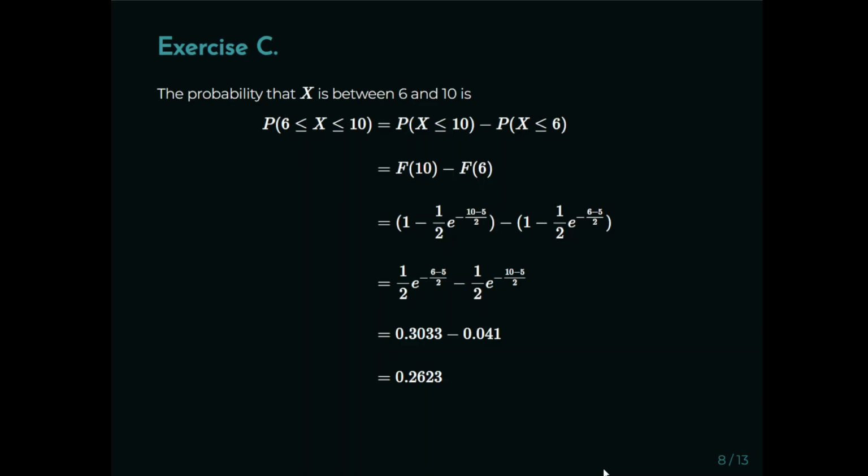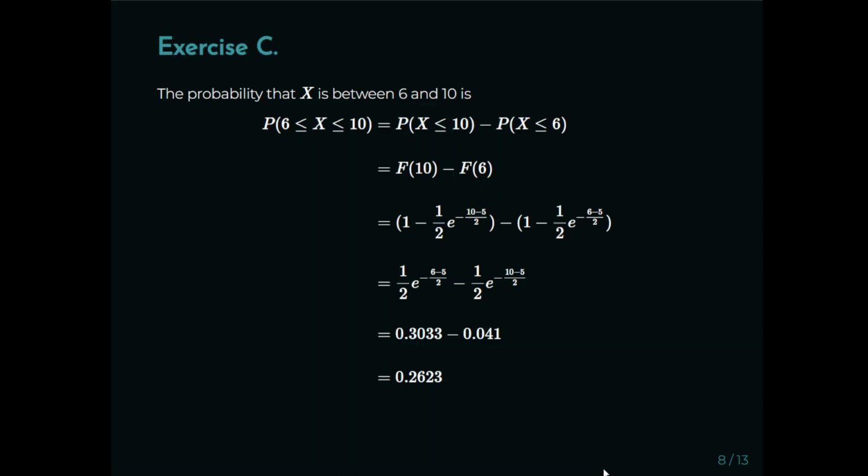Now, I'm just going to rearrange that algebraically. Because we have 1 minus there and 1 minus on the other side, and we're subtracting one from the other, to clean things up we express this as follows. That is 1/2 of the exponential of minus 6 minus 5 divided by 2, minus 1/2 of the exponential of minus 10 minus 5 divided by 2.